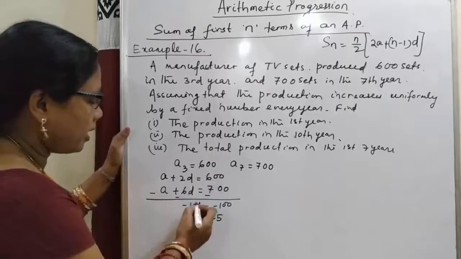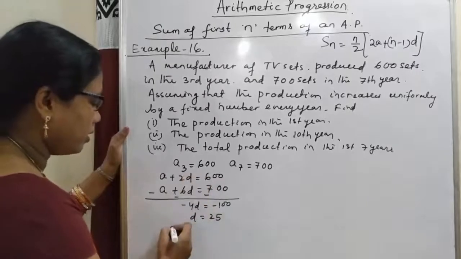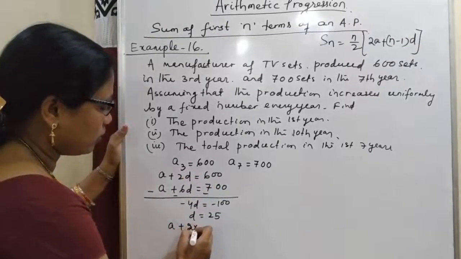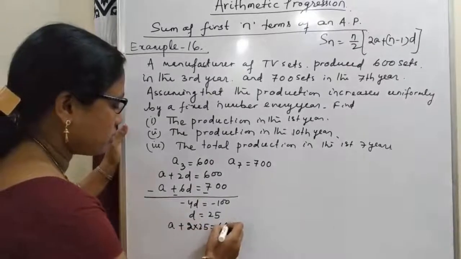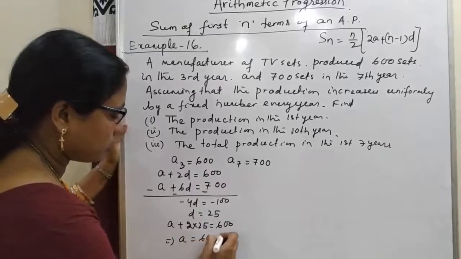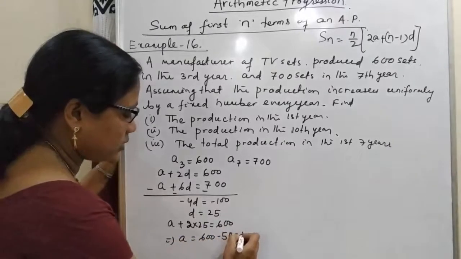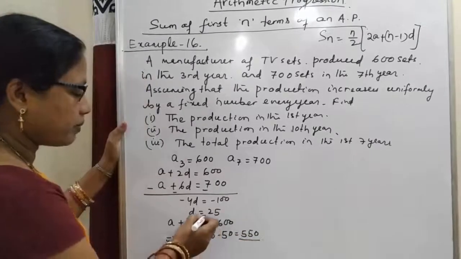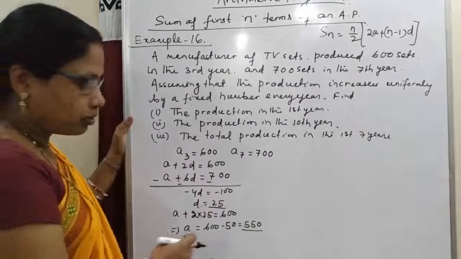So what is A? If I will put the value of D here, A plus 2 into 25 is equal to 600. So this implies A is equal to 600 minus 50 is equal to 550. So I got A is equal to 550 and D is equal to 25.